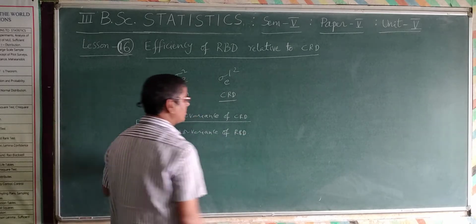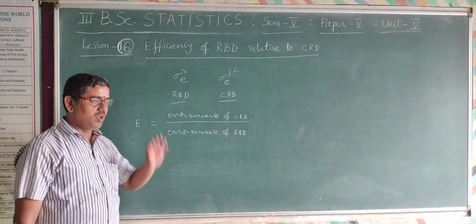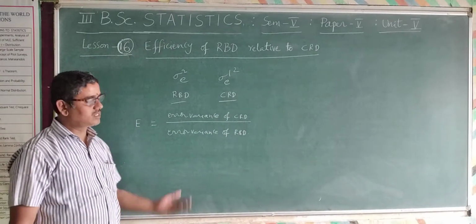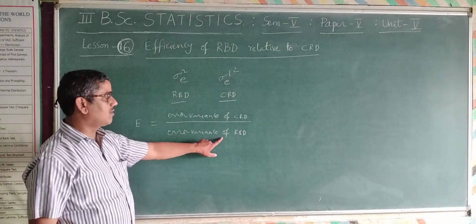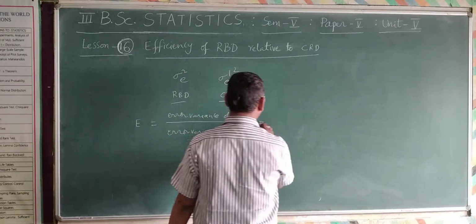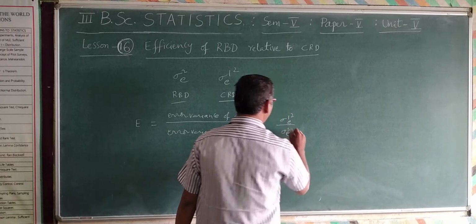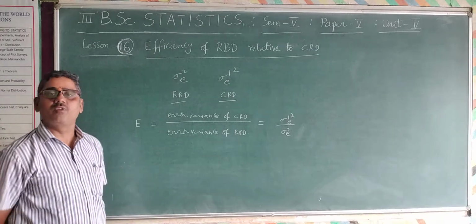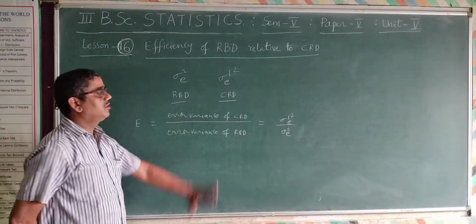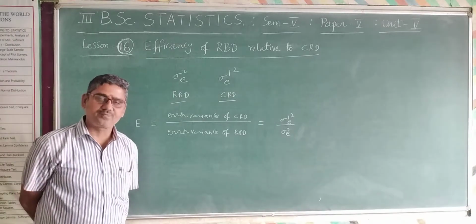That is what I have explained: the efficiency of T1 is calculated by variance of T2 by variance of T1. The same formula, error variance of CRD divided by error variance of RBD, is equivalent to sigma dash square E divided by sigma square E. This is the efficiency we have to calculate in this topic.